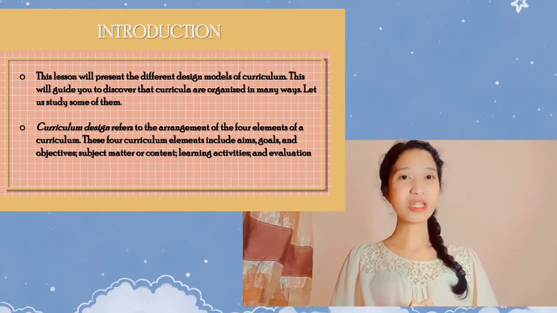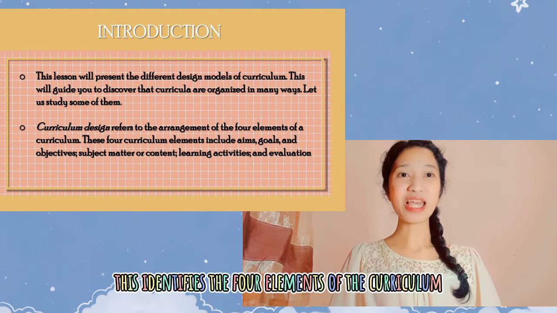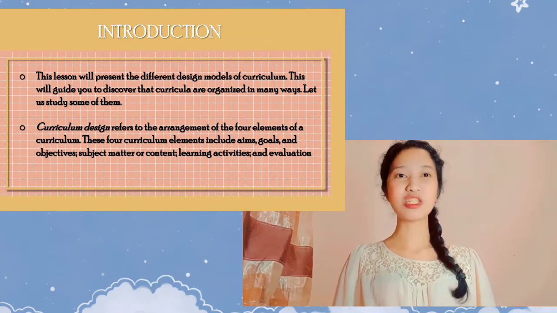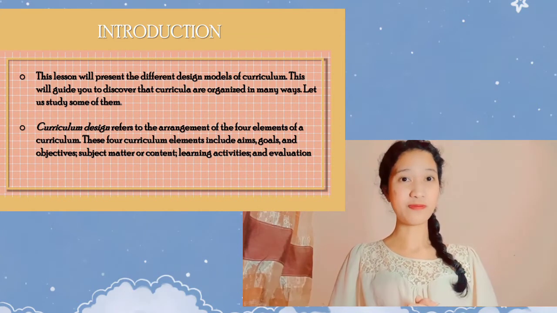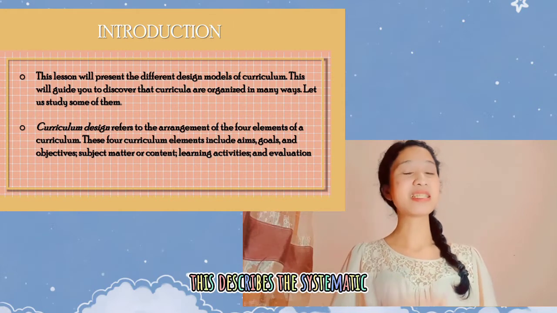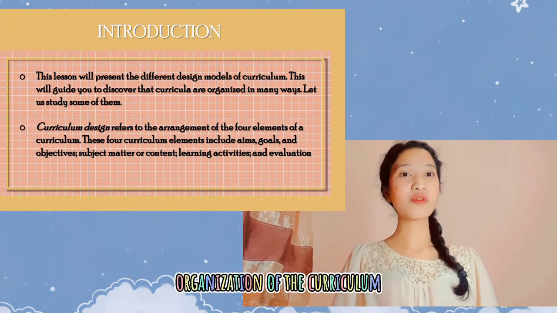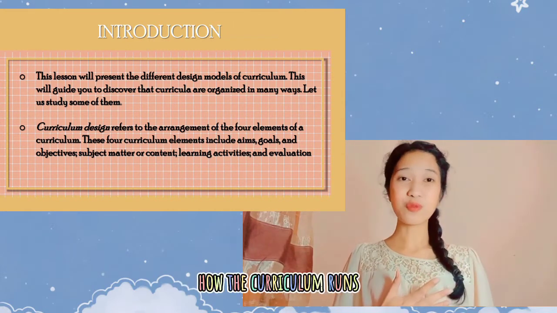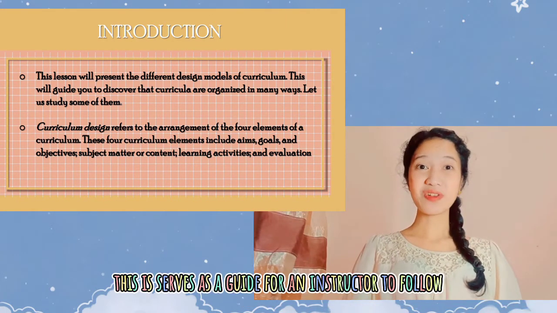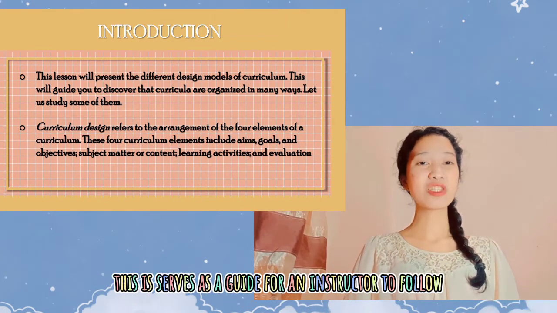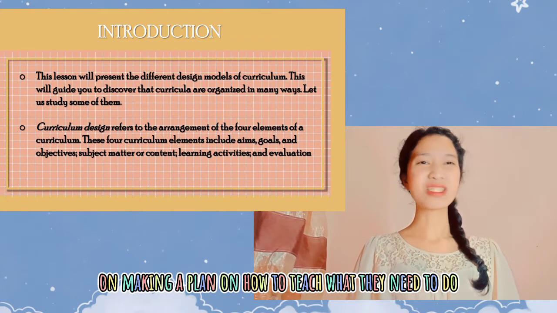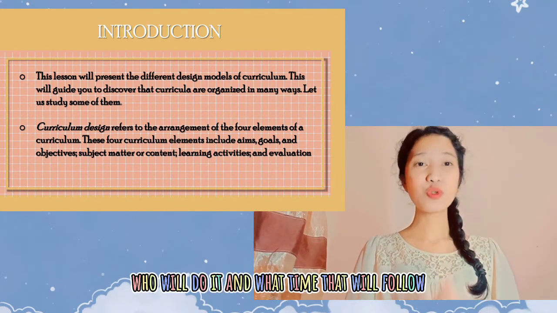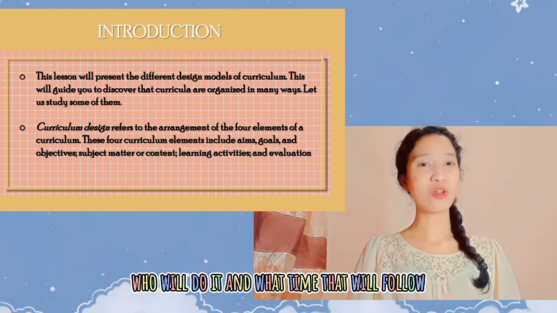In short, this identifies the elements of the curriculum and expresses their relationship with each other. This describes the systematic organization of the curriculum, how the curriculum runs. This serves as a guide for an instructor to follow in making a plan on how to teach, what they need to do, who will do it, and what time it will follow.